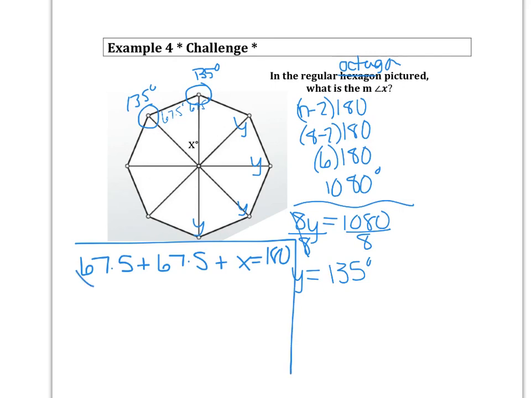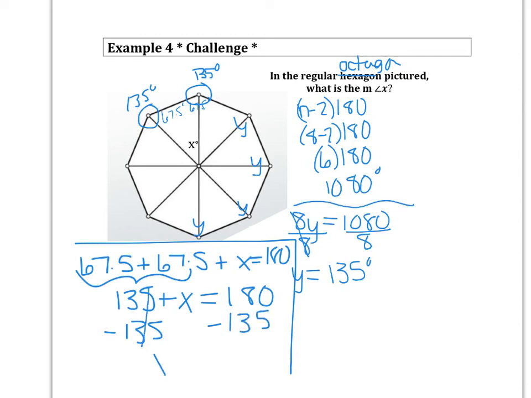Combine these two, which I already know is 135, and then subtract 135 from both sides to find that x would be 45 degrees. So the interior angles of this figure we know measure 45 degrees.